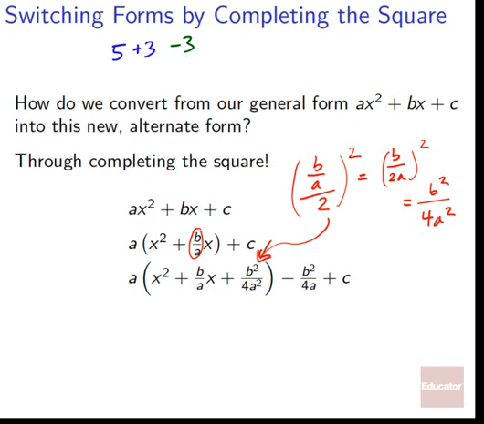Now notice, though, we've got this a standing in front. So if we put b squared over 4a squared right here, this a is going to multiply it. So it's effectively like we put in more than that, right? So going back to 5 plus 3, if we had a 2 standing out front and we wanted this to be the same as 2 times 5, then 2 times quantity 5 plus 3 would be the same thing as a 6 inside of it, so we'd have to put a minus 6 on the outside, 2 times 3.